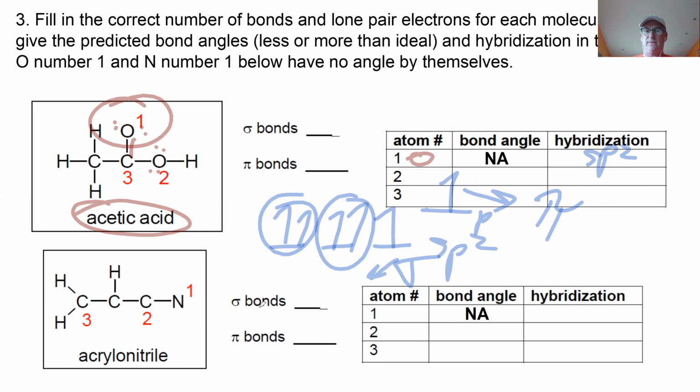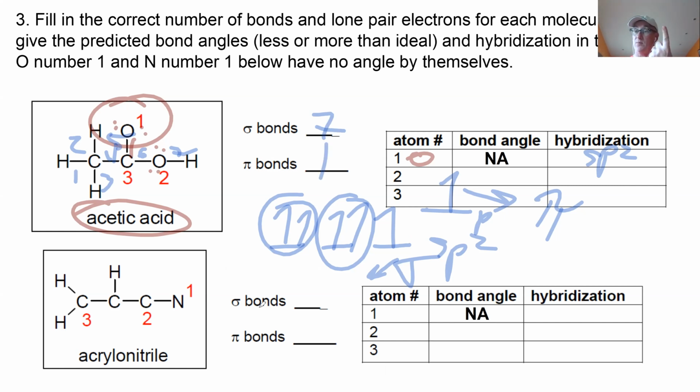So total, how many sigma bonds and how many pi bonds do we have in acetic acid? We count them all up. 7 sigma bonds? So let's count them. 1, 2, 3, 4, 5, 6, 7. Right, 7. And there's only 1 pi bond.